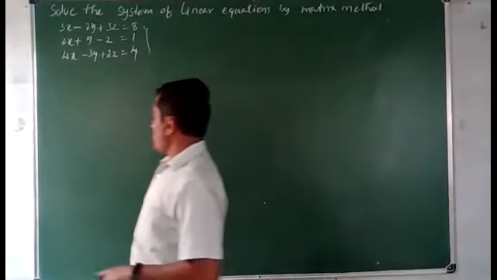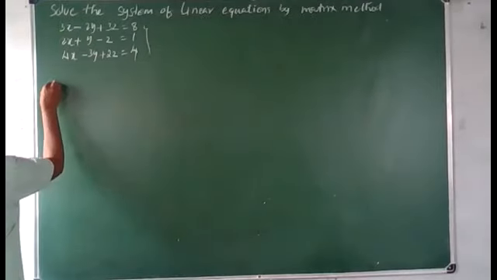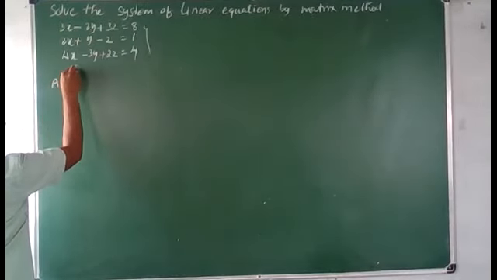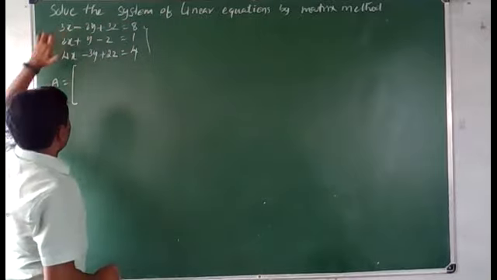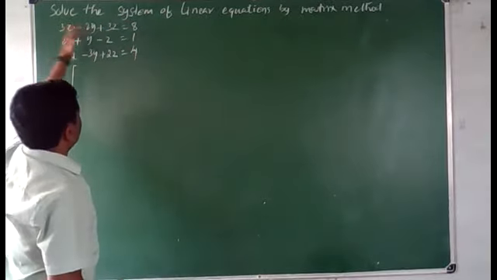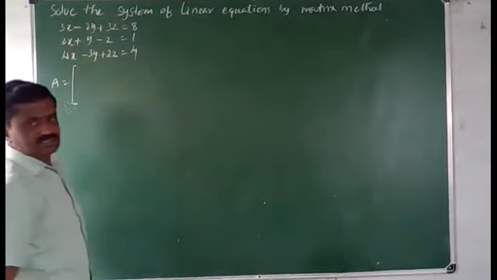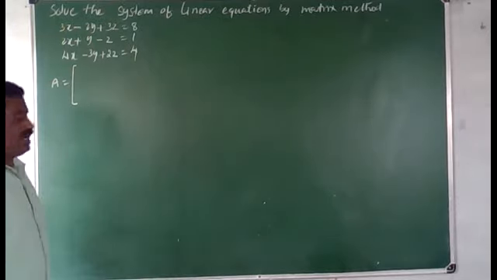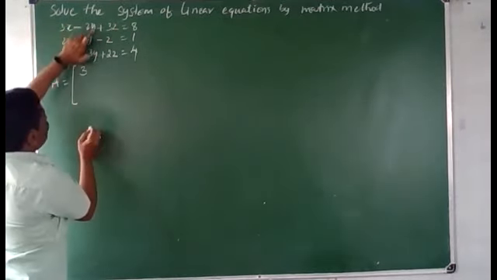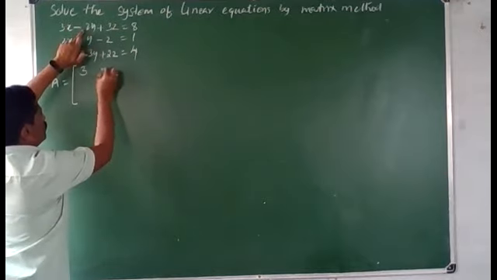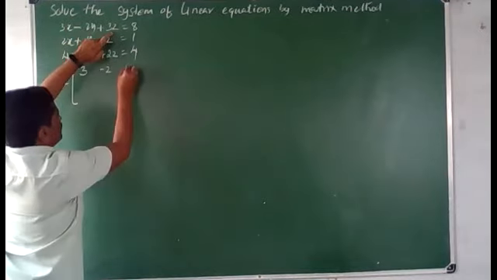By using the matrix method, we have to solve these simultaneous equations. Now write the coefficient matrix A. The equations are in order and the constants are towards the right side. The coefficient of x is 3, the coefficient of y is minus 2, the coefficient of z is 3.